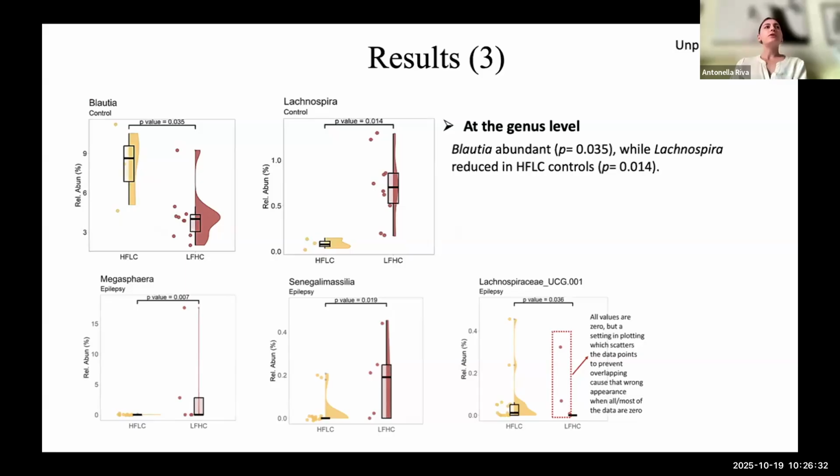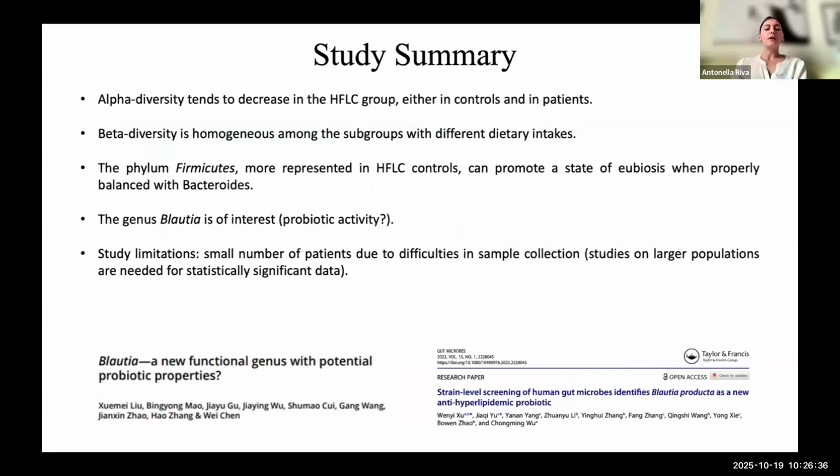We do know from the literature that Blautia has already been described, and it should be a bacterium with a probiotic activity. So maybe increasing the sample size in this study would be really interesting to see the trend turn into statistical significance.